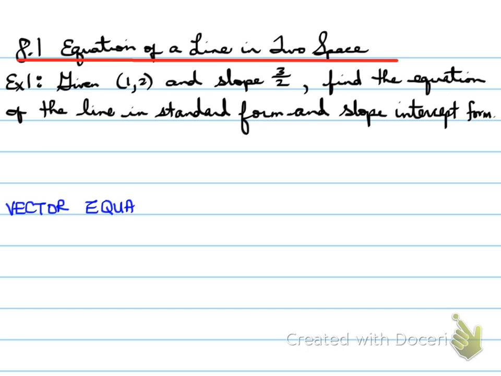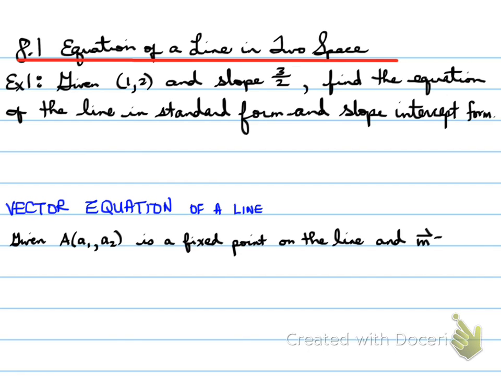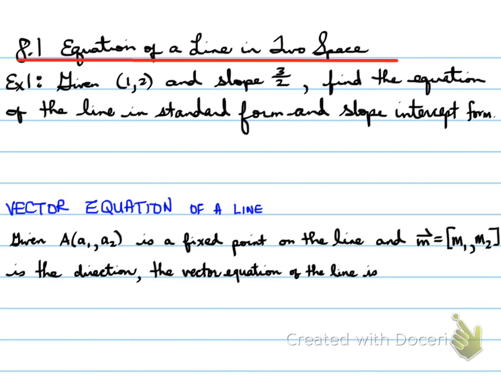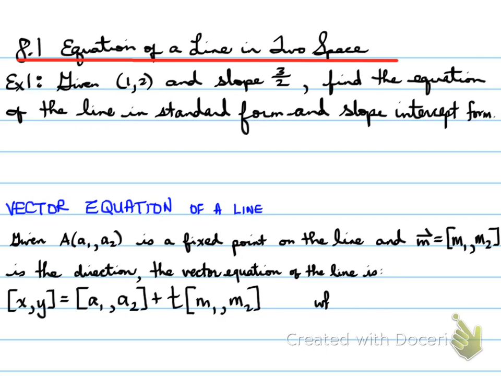So the two types of equations we're going to be introduced to are called the vector equation of a line and the parametric equation. The vector equation of a line is as follows. If you're given a point and a direction vector m, the vector equation of a line is (x, y) = (a1, a2) + t(m1, m2), where t is some real number and t is a parameter.